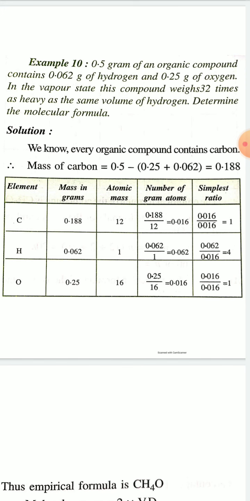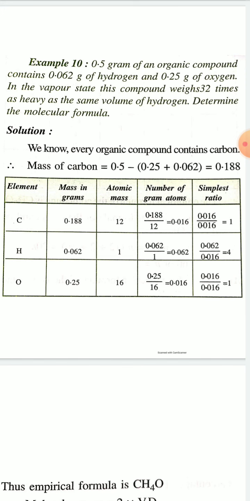Now we have to divide all the values of number of gram atoms by the least value among these three, the number of gram atoms of carbon, hydrogen and oxygen. The least value is 0.016. So you have to divide all the numbers of gram atoms by 0.016.